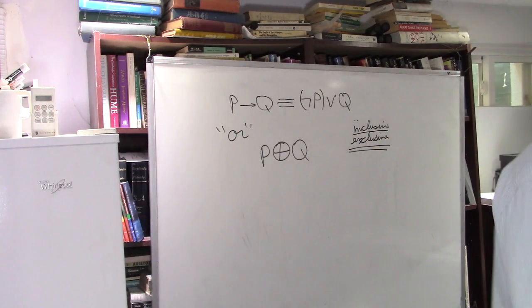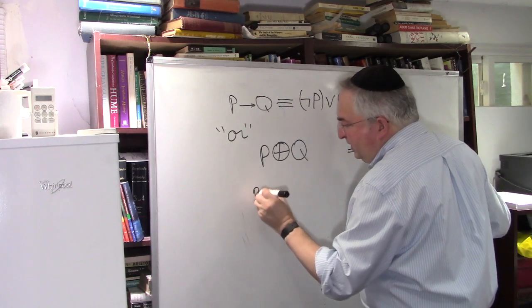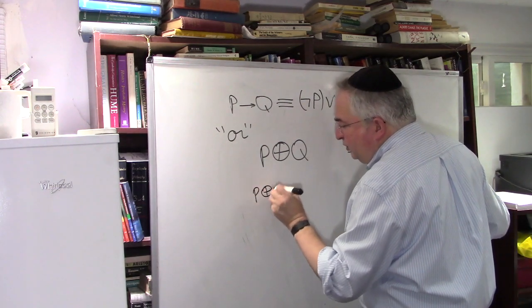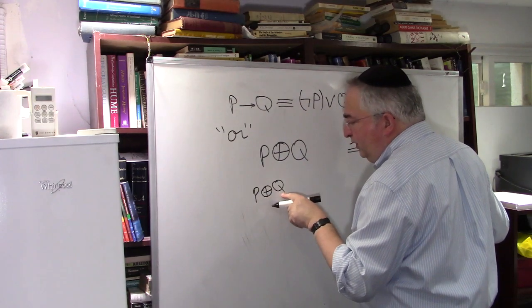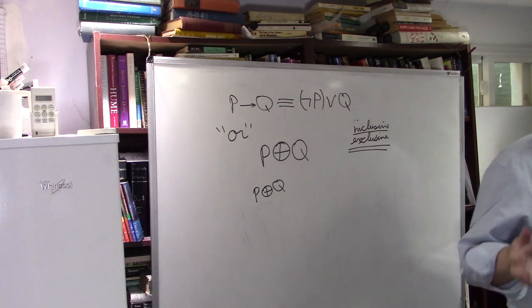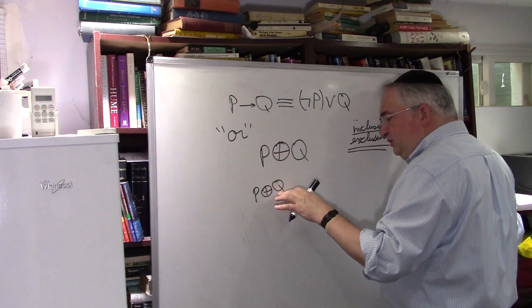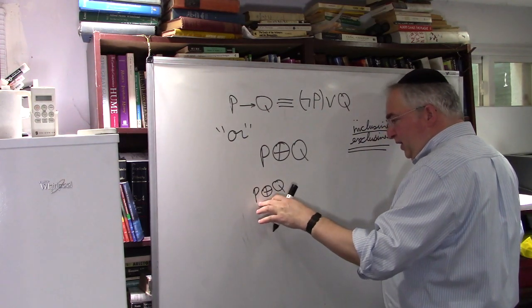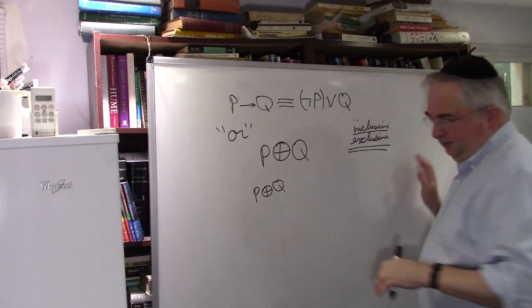So this is an interesting operation. Let's just talk about the rain. It's raining or, exclusive or, there are clouds in the sky, but not both. How could it not be both? Well, you could have clouds in the sky and it not rain, that's for sure, but you can't have it that it's raining and not have clouds.